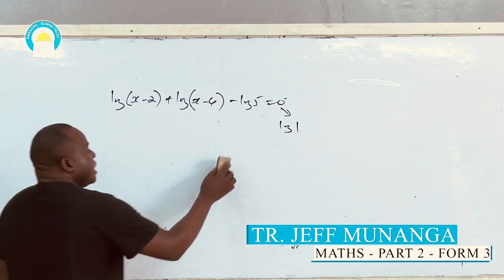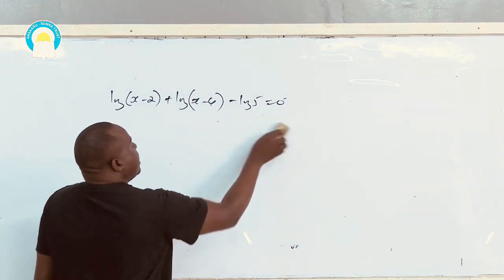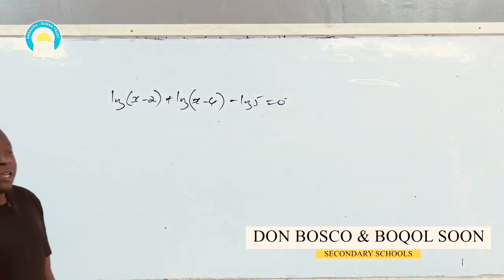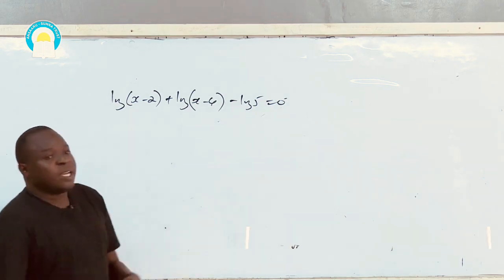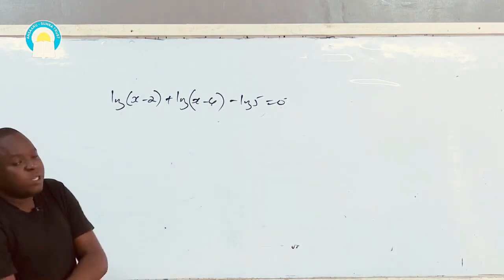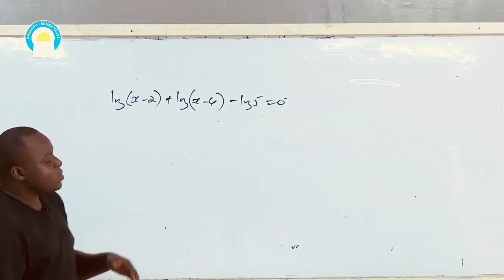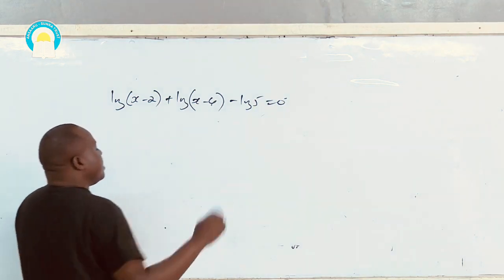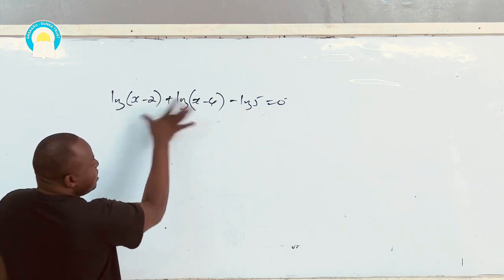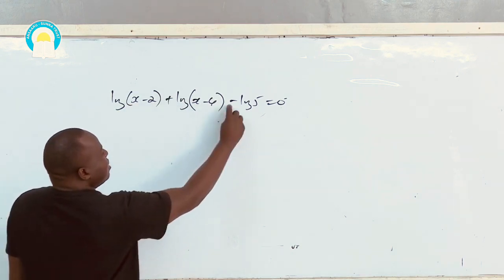But now, there is a second option. If you don't want to use log 1, because maybe some people say replacing this with log 1 gives you so many numbers, which can be actually hectic to solve. In any equation that has equals to 0, in most cases, there will be one part of the logs that will be negative.